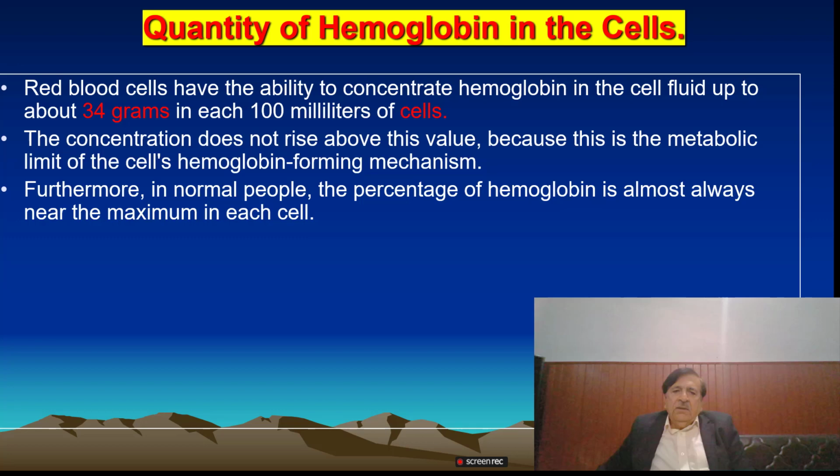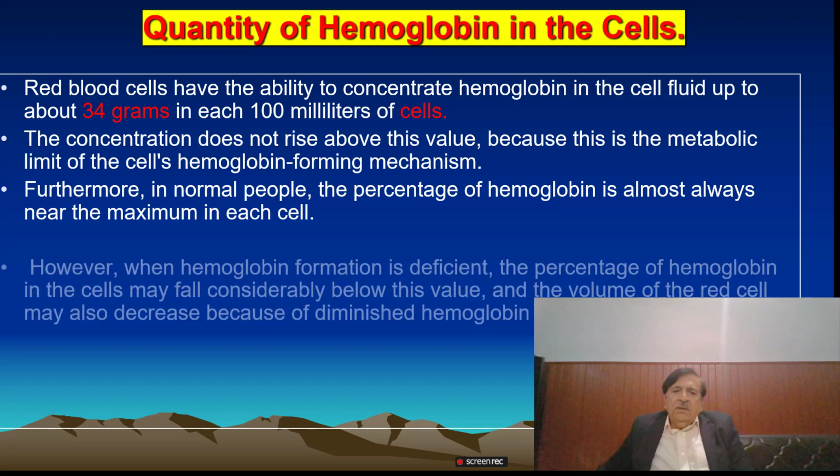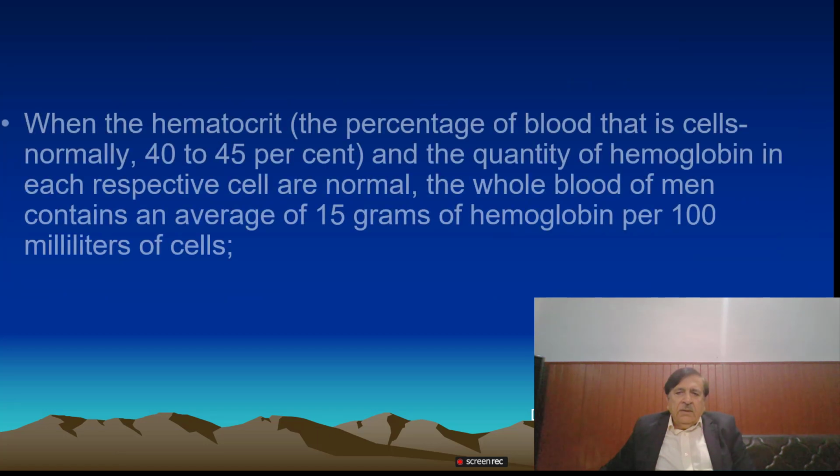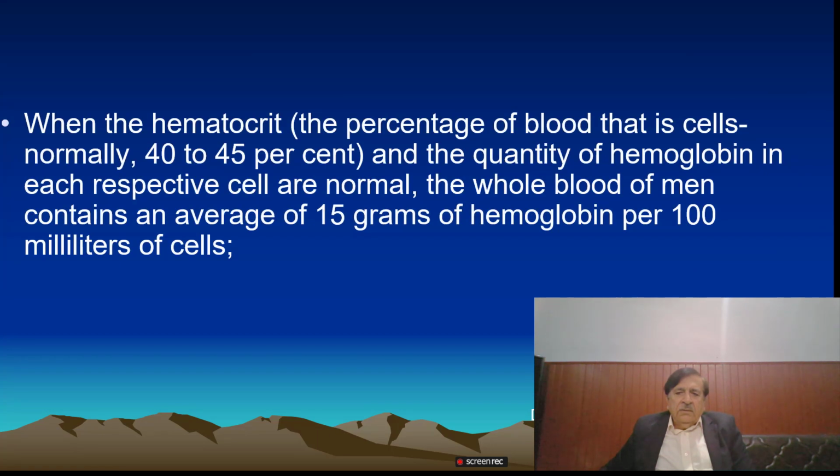Furthermore, in normal people, the percentage of hemoglobin is almost always near the maximum in each cell. However, when hemoglobin formation is deficient, the percentage of hemoglobin in the cell may fall considerably below this value, and the volume of the red blood cell may also decrease because of diminished hemoglobin to fill the cell.